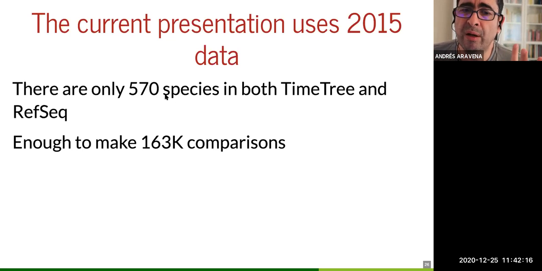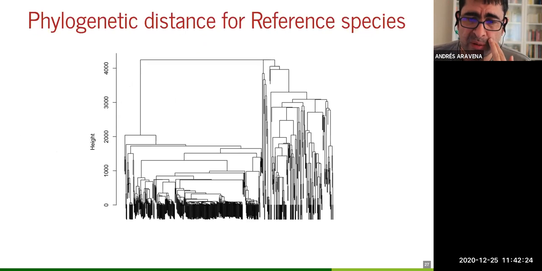So I compared all to all, which is essentially 163,000 comparisons, which was good enough to make something interesting. So I got, comparing the distance, this is the phylogenetic distance of things. I did the phylogenetic tree with this.